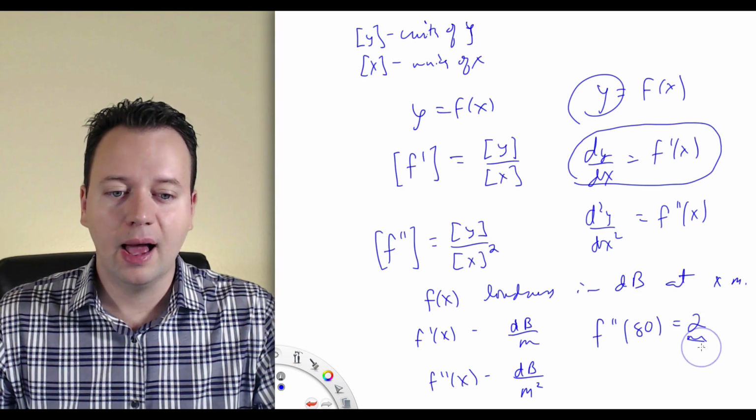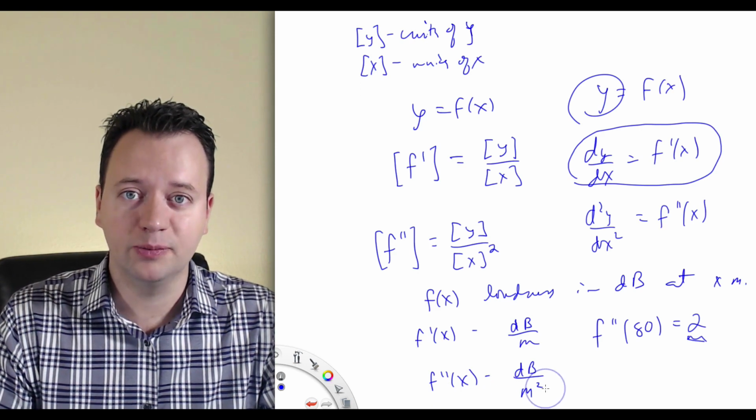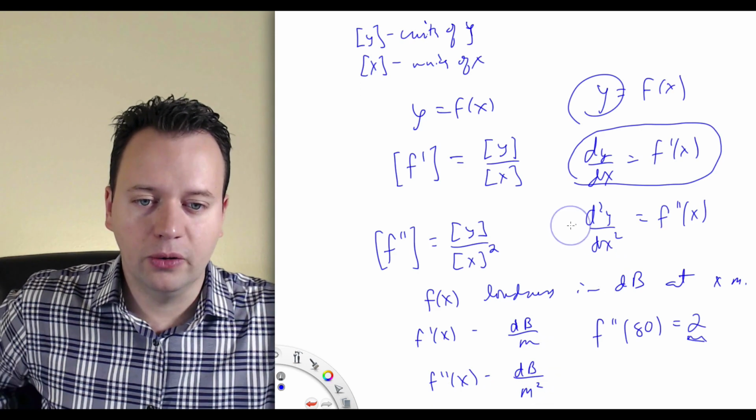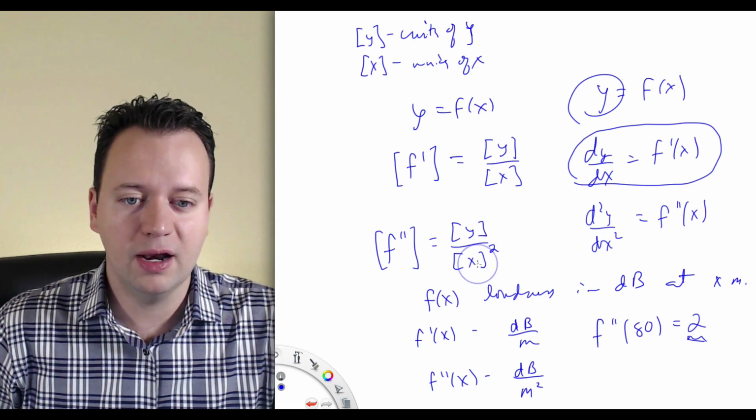So this is how much the rate of change changes by when you increase your distance by 1 additional meter. It's the units of the derivative divided by the units of the independent variable x.